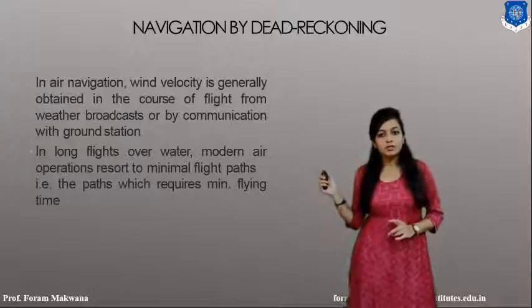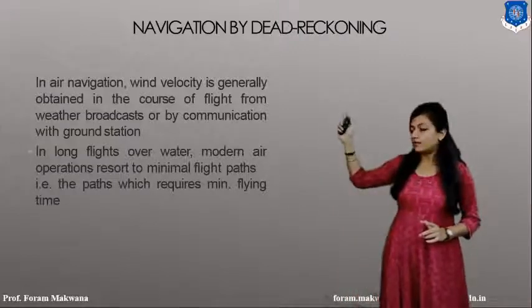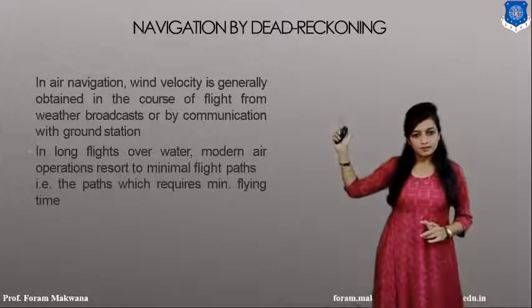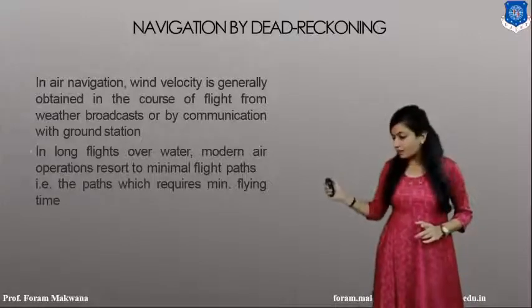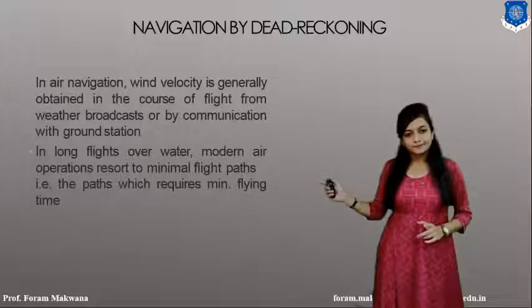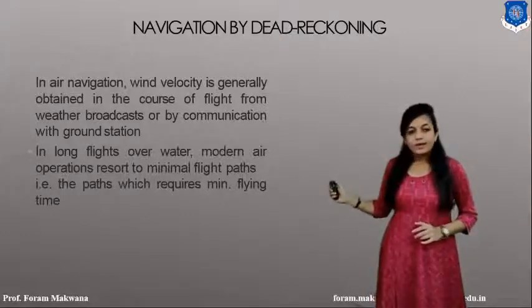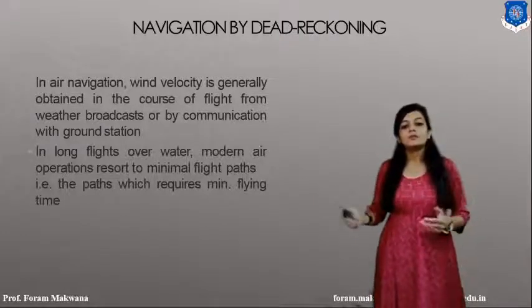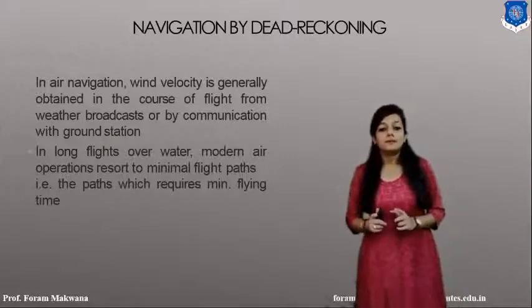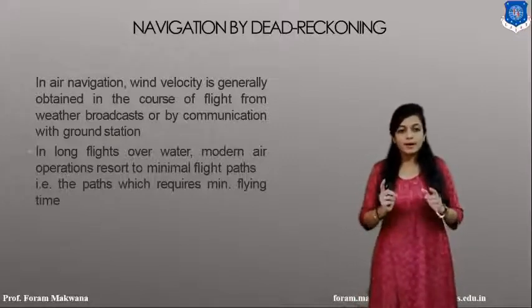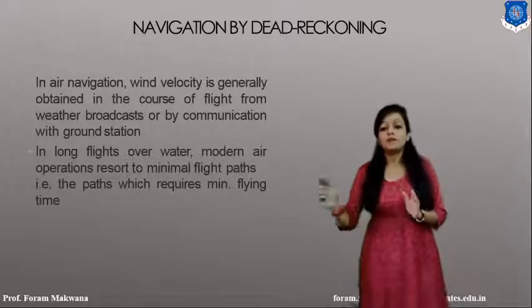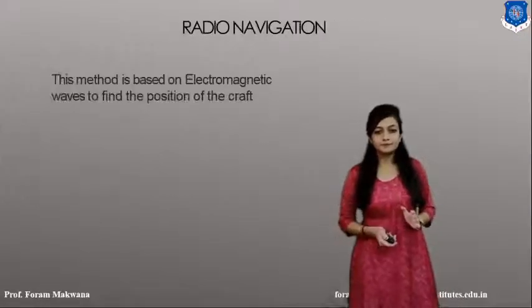Right? We must understand what the wind velocity is as well. In long flights over water, modern air operation resorts to a minimum flight path, that is the path which requires a minimum flight time.